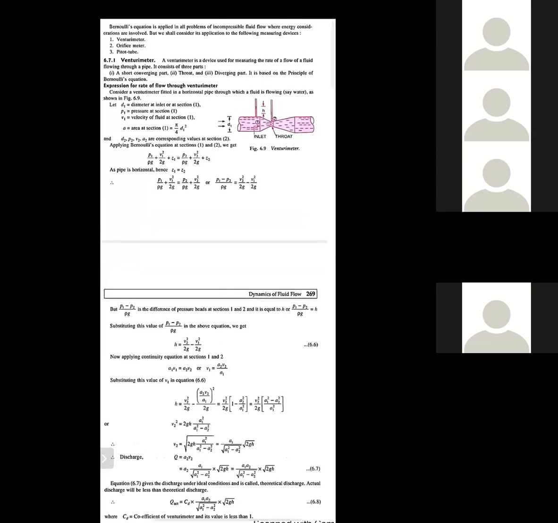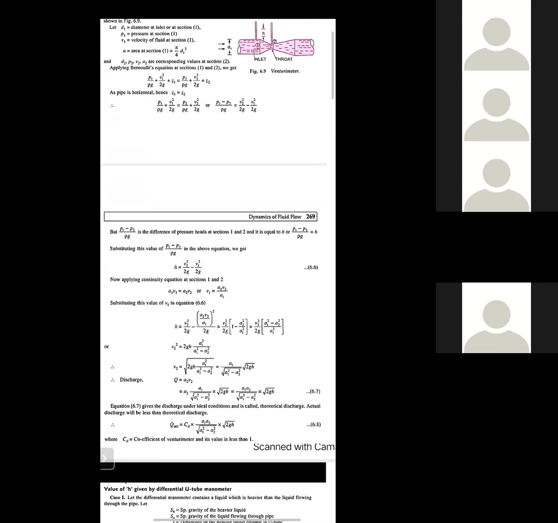Then we had also completed the expression of actual discharge as well as theoretical discharge through the venturimeter. The value of actual discharge will always be less than that of theoretical discharge.